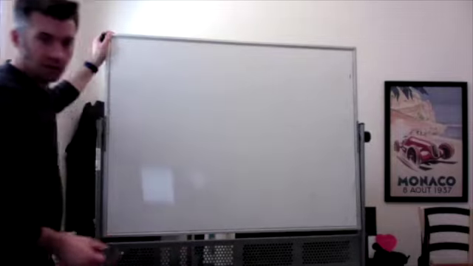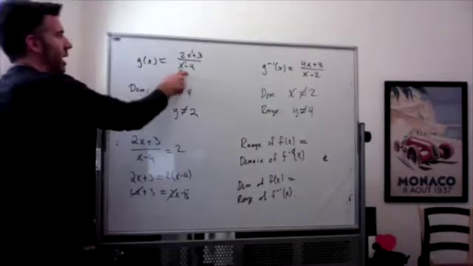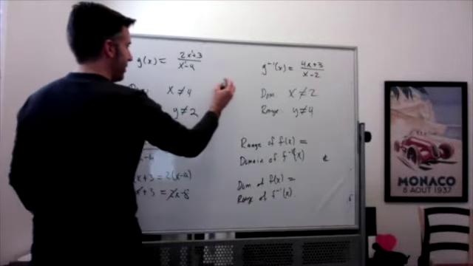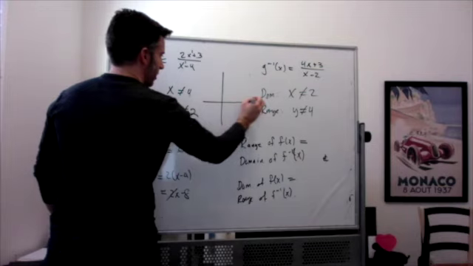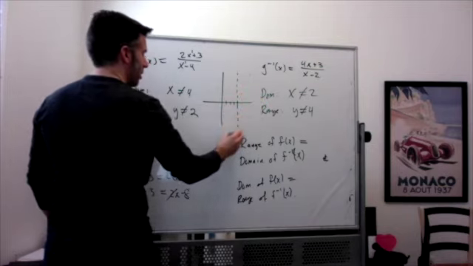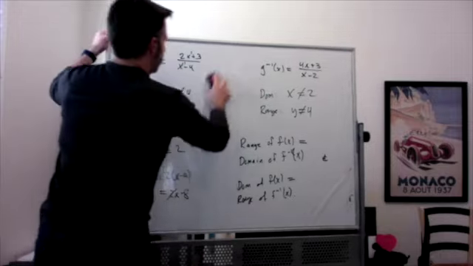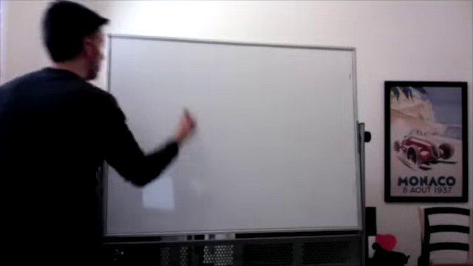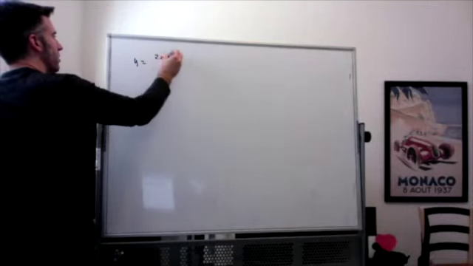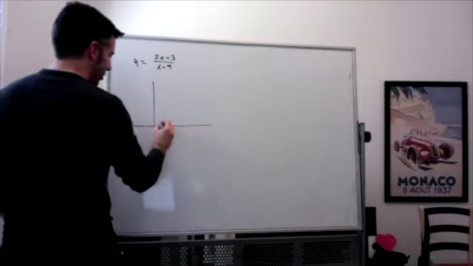Okay. How did you find the range? So I found the range by thinking about what the graph looked like. So here, I know this function, if I graph it, has a vertical asymptote of 4. So y equal to (2x plus 3) over (x minus 4) has a vertical asymptote x equal to 4.